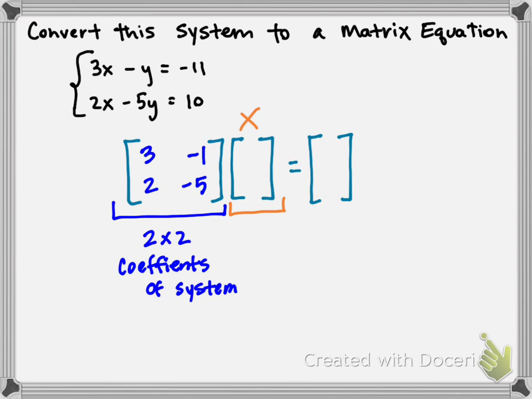We're going to call this first matrix matrix A, and we're going to equal this to matrix B. Now, our X matrix is the one with all the variables. So in this case, we would have X and Y. And then the last thing, what this equals, well, it's going to equal -11 and 10. So you want to put it in the same order as the row you see the system in. So this would be how you convert a system into a matrix.